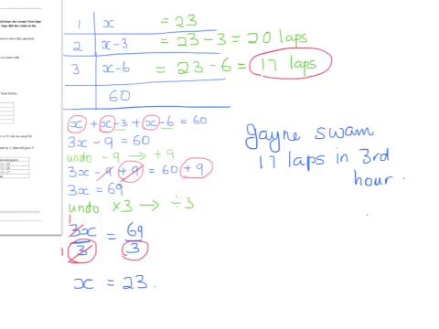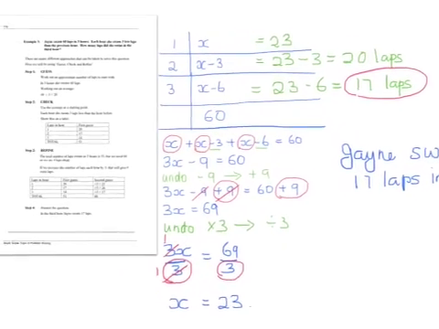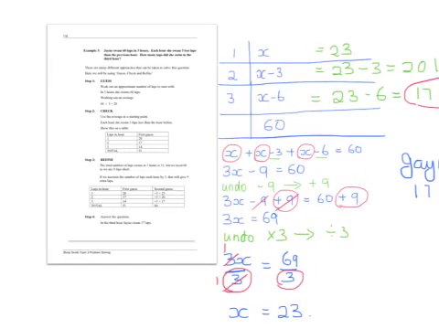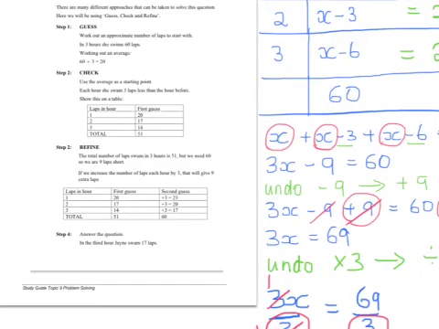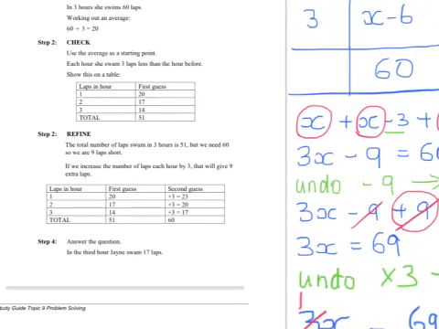And if we go back and have a look at the answer to the study guide, guess, check and refine method, you can see they've got exactly the same answer. There it is.